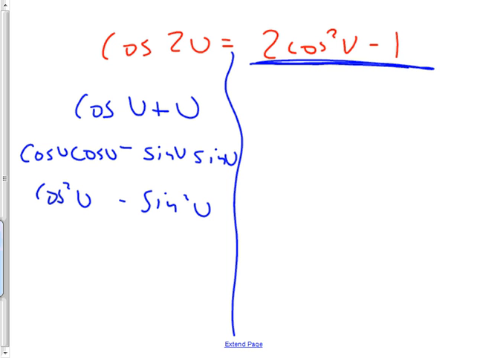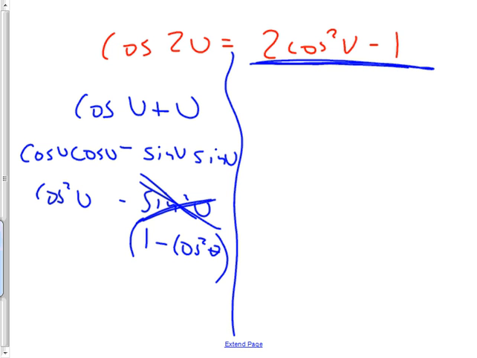Okay. How about this? Hasn't this whole unit been about substituting things? Yoink out one thing, put in something else? Think about it. Ooh, sine squared could be replaced with... Yes, it's true that sine squared plus cosine squared equals 1, but this is just a sine squared, so replace the sine squared with 1 minus cosine squared.